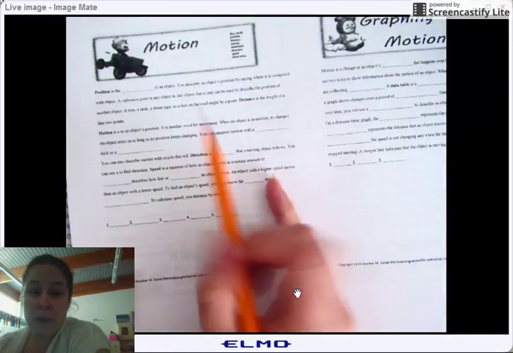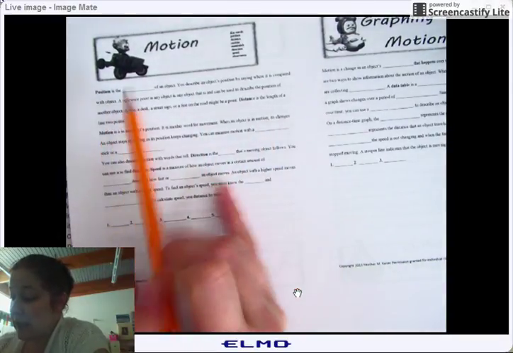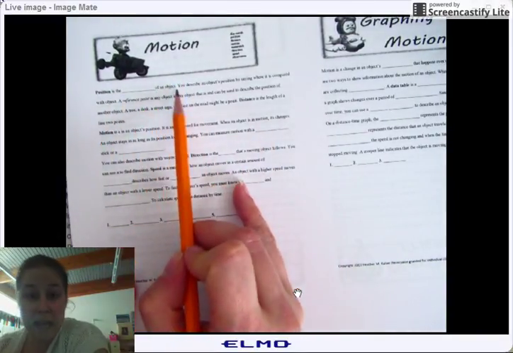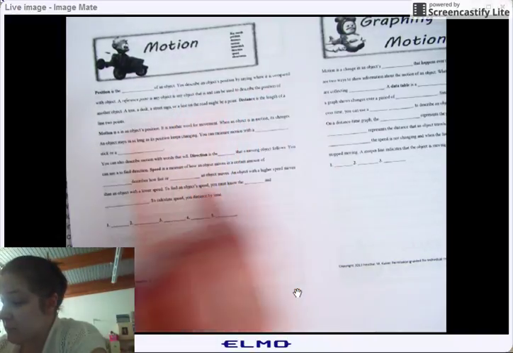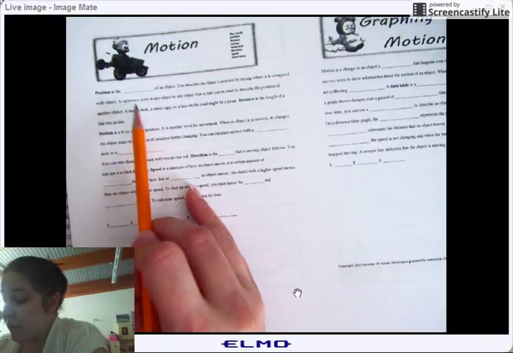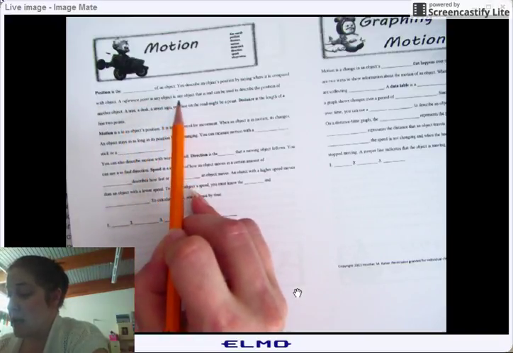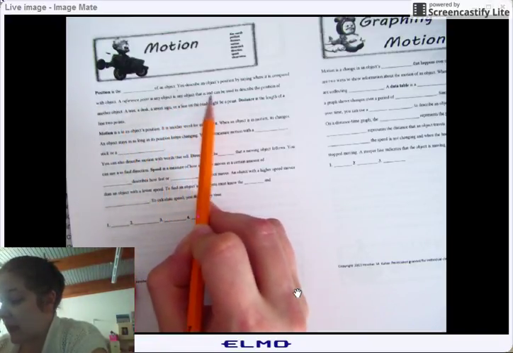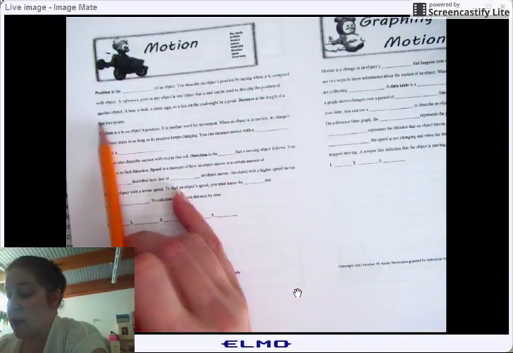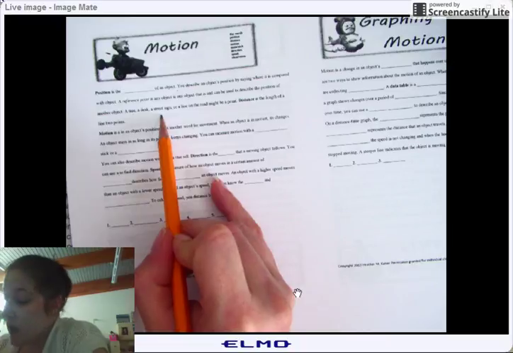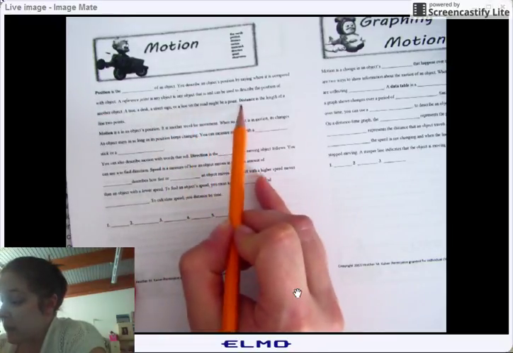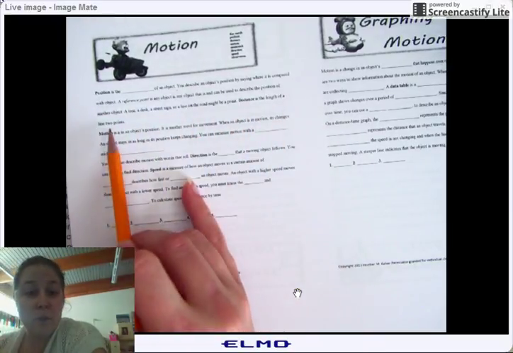So if you look at your paper right here, position is the blank of an object. We've already answered that. You describe an object's position by saying where it is compared with another object. A reference point is any object that is not moving and can be used to describe the position of another object. A tree, a desk, and a street sign on a road might be a reference point. Distance is the length of a line between 2 points.